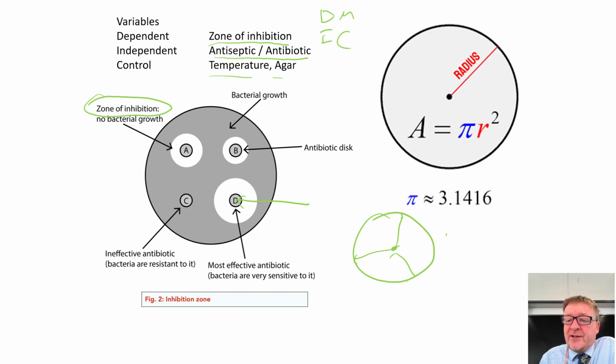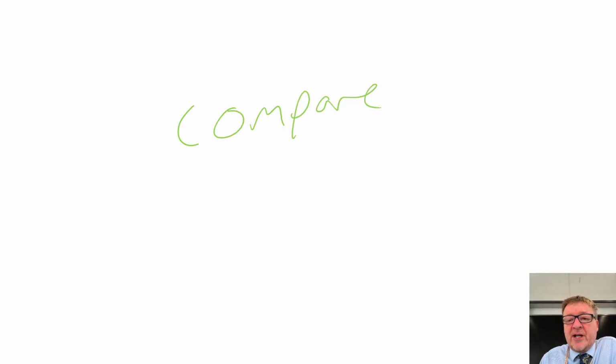Once you've done a few radiuses, you do a mean, and then using the formula area equals pi r squared, you can calculate the zone of inhibition of each antibiotic. The final part is you can then compare the antibiotics or the antiseptics to see which is the biggest. The one with the biggest zone of inhibition is the most effective antiseptic or antibiotic.